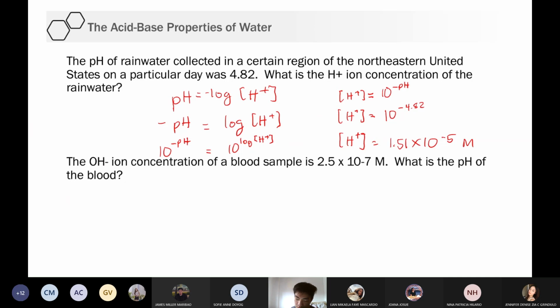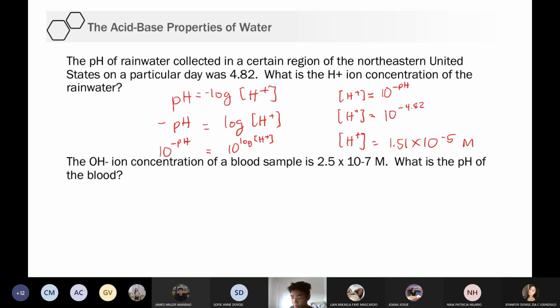Okay, so that's the concentration of H plus when the pH is 4.82. Since the concentration of H plus is greater than 1 times 10 raised to negative 7, it means the solution is acidic. No? And also, the pH will tell you na acidic yan kasi lower than 7 yan. So, acidic nga yung rainwater na yan.